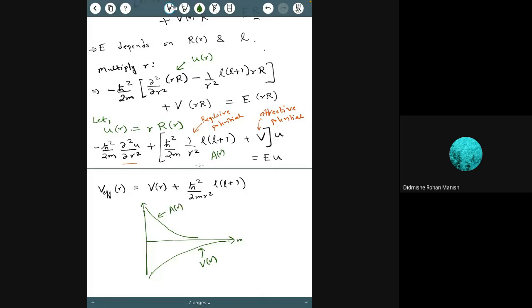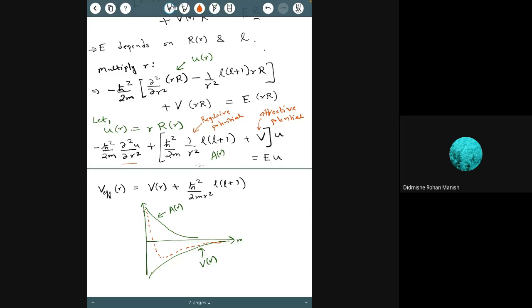Then the net potential will look something like this. At long distances, it will merge with the Coulomb potential. And in the middle, there will be some sort of balancing act, and we'll end up with a plot that looks like the Morse potential or the usual potential energy surface that you've probably seen in school for the hydrogen atom.